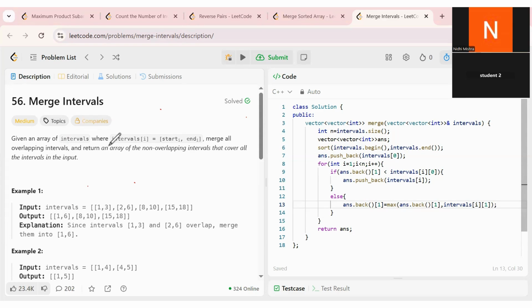Maybe we can take an array of size equal to the largest element, but that will become very complex. No, this is better. So this is the better solution we can do, right? Yeah, as far as I can tell. Now let's move to our next question.